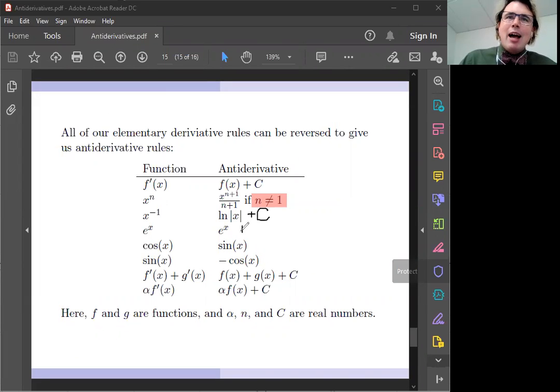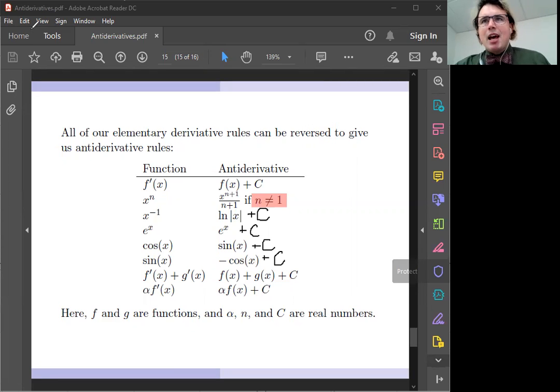What else do I know? I know the derivative of e to the power x is e to the power x. That means my antiderivative of e to the power x is also e to the power x plus c, right? With antiderivatives, I always need to keep track of this plus c, unless I have enough information to find out what number that is.